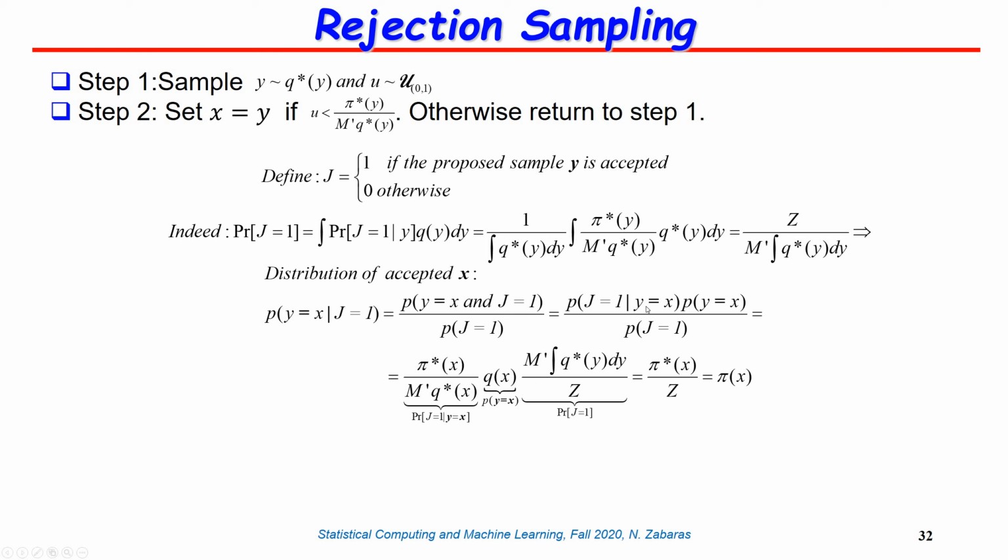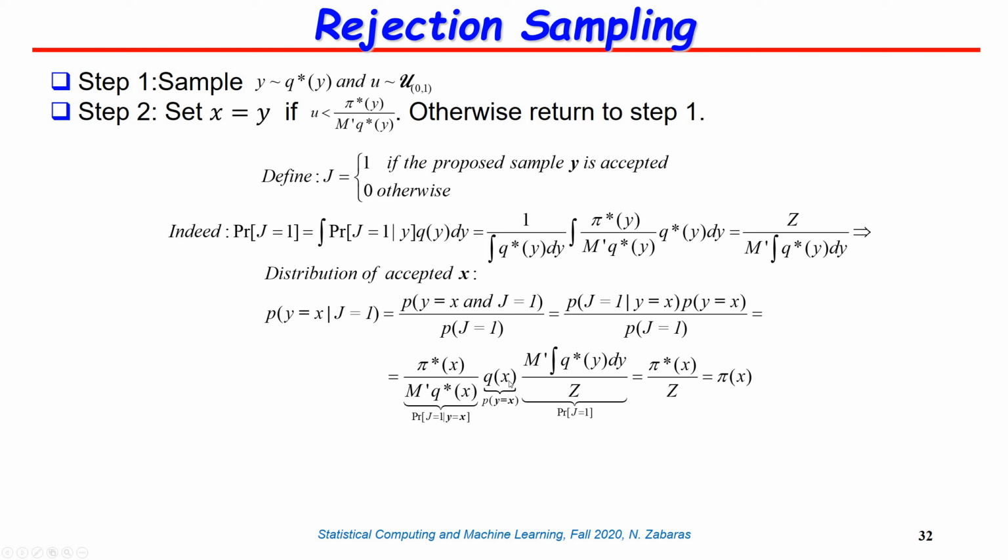So let's work term by term. First I have the probability that the sample x equal to y was accepted, and this is my acceptance probability evaluated for y equal to x. That's the first fraction that you see here. And then I have the probability of x, and that's of course q of x, because x and y are sampled from q.